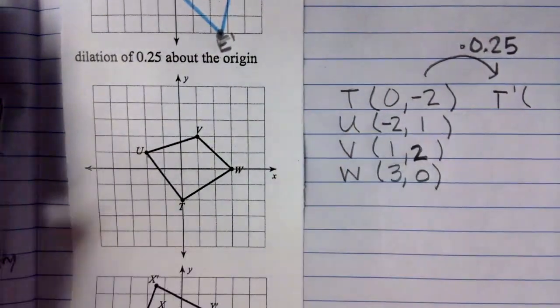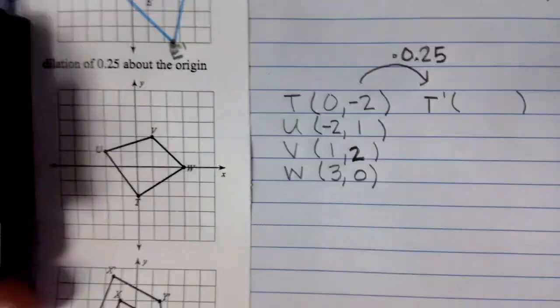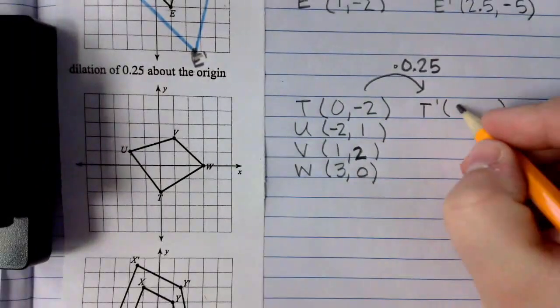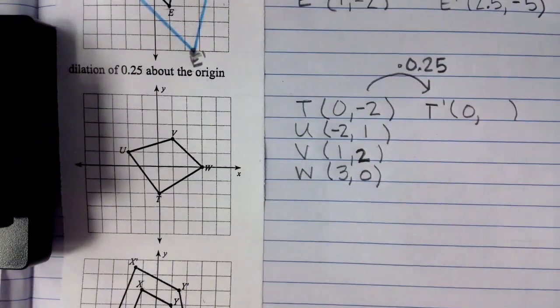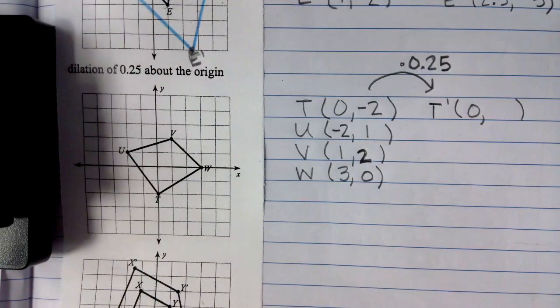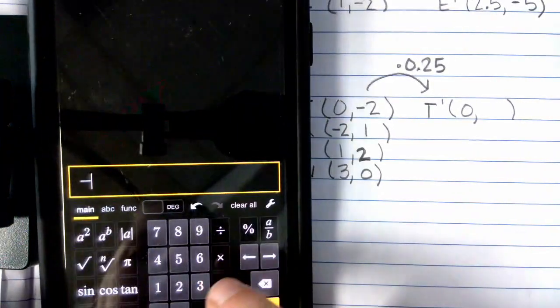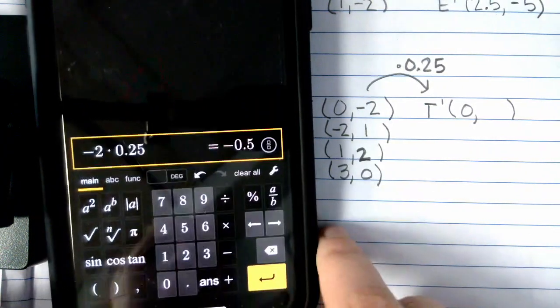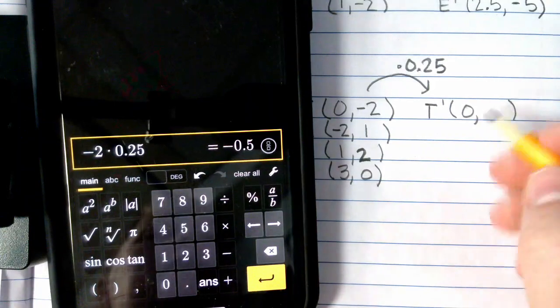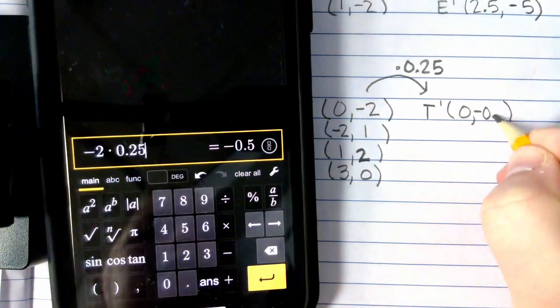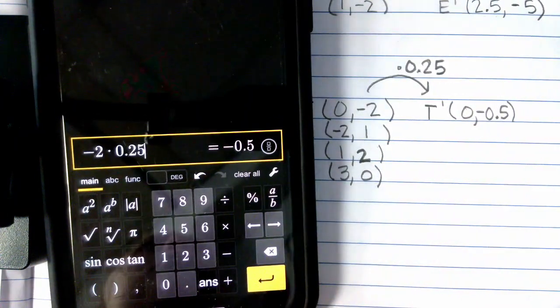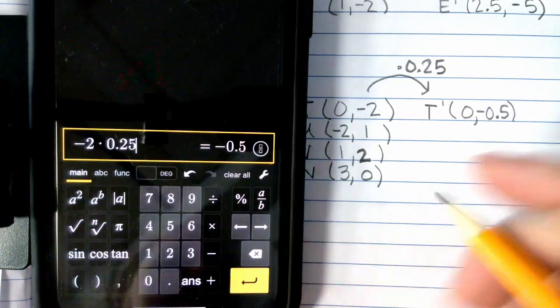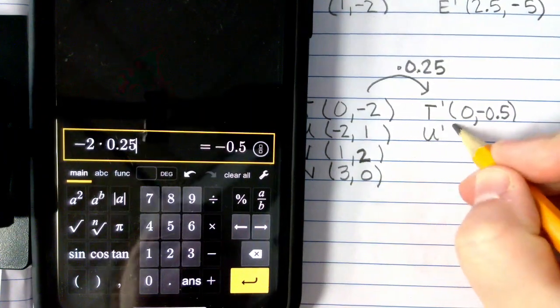Okay, negative 2 times 0.25 is negative 0.5, so negative half. Okay, U prime. Again, this one starts with negative 2, and I just had that one in my calculator. Negative 2 times 0.25, we get negative 0.5.